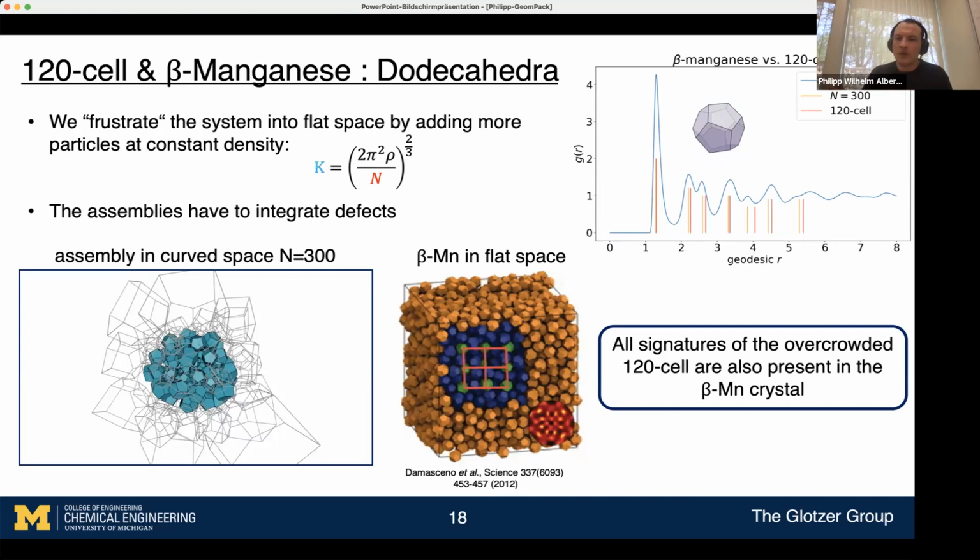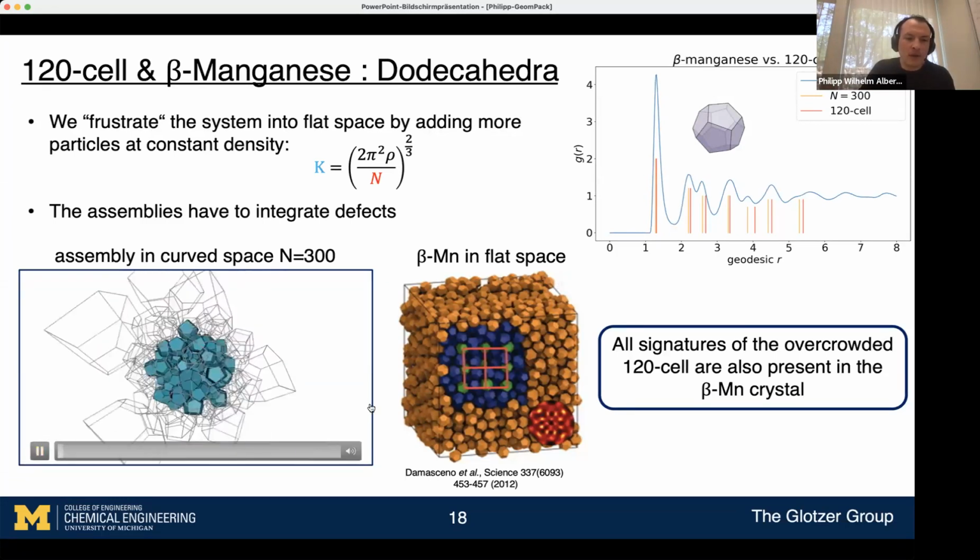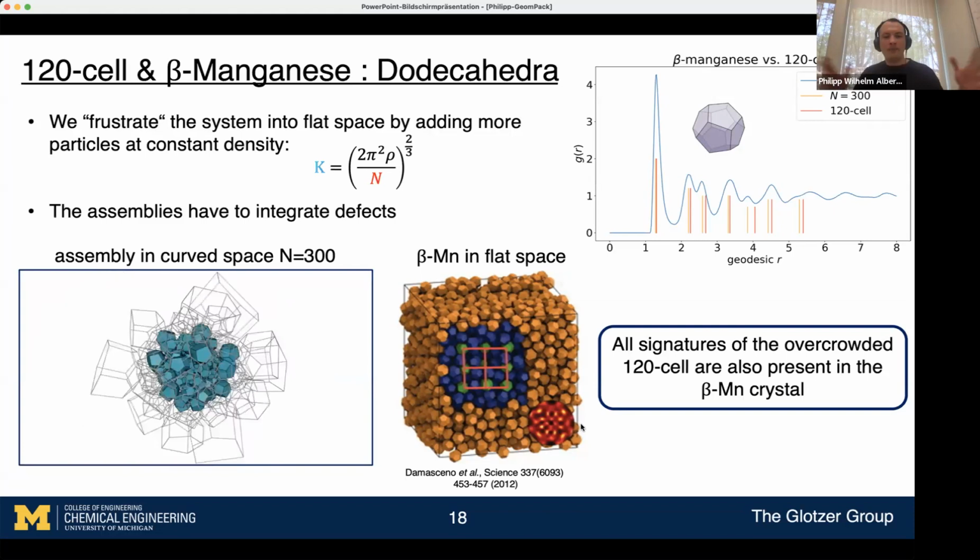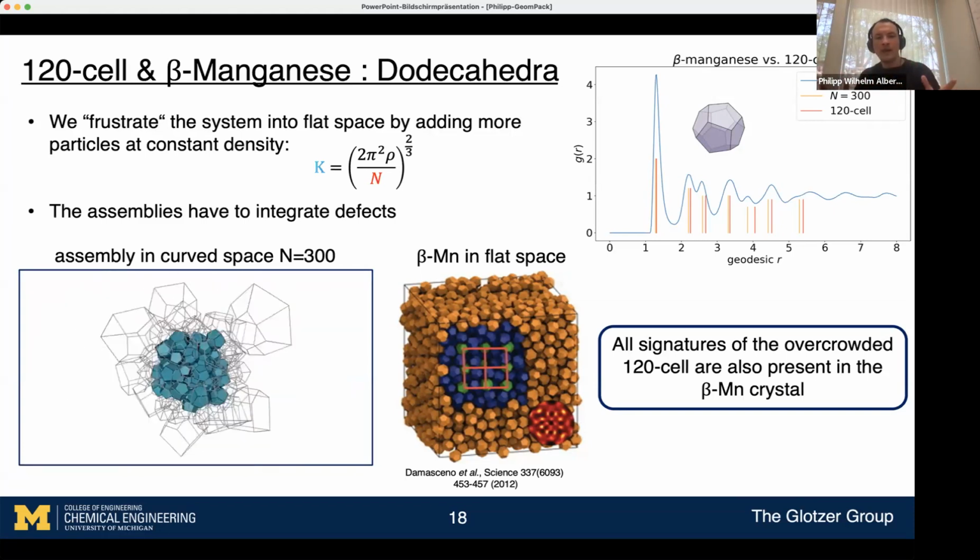So for example, for the dodecahedron, instead of adding 120 particles to the hypersphere, we looked at 300 and even more particles. And if you have 300 particles, you can see that these peaks already shift a little bit and get closer and closer to the beta manganese structure, which we see in Euclidean space.